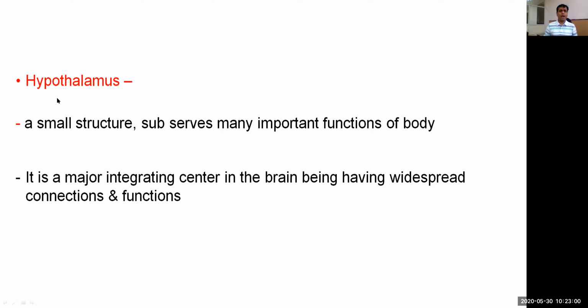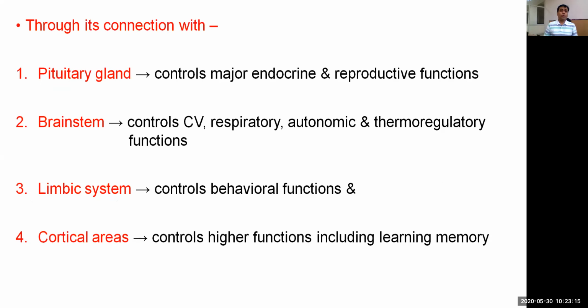Let us see. Hypothalamus is a small structure which subserves many important functions of the body. It's a major integrating center in the brain, having widespread connections as well as functions. Through its connections with different bodily structures like the pituitary gland, it helps in controlling endocrine and various reproductive functions.